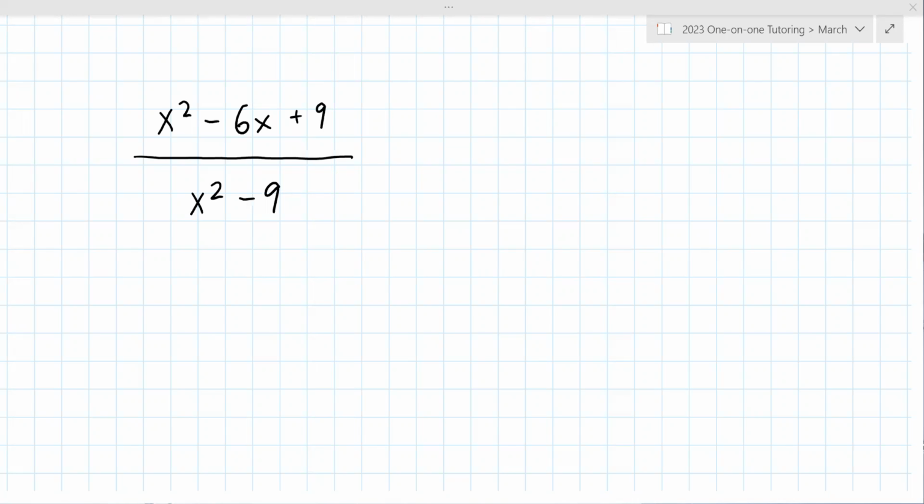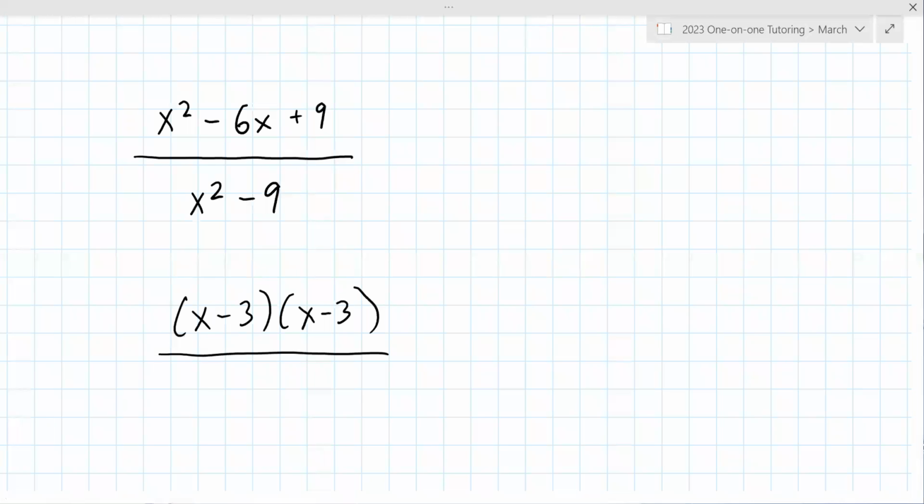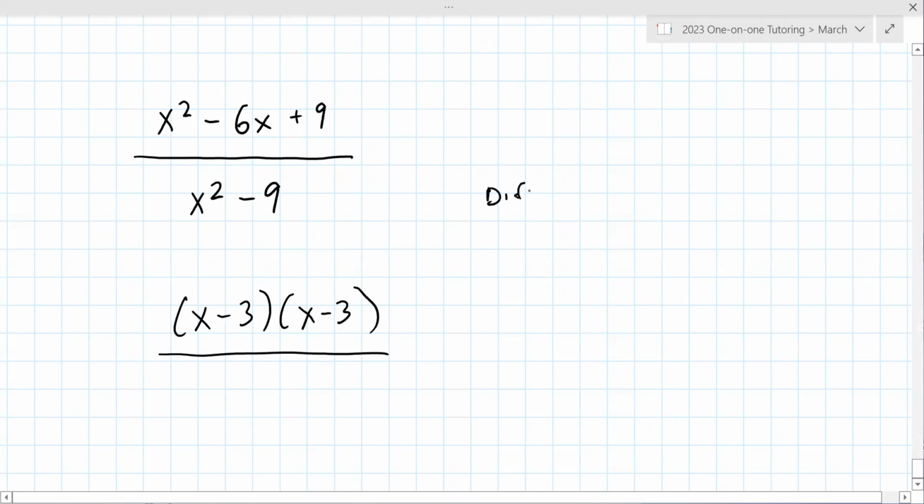Do you need any help, anything here? It's the first one, the -3 and -3. Yes. And then what do you do for the bottom one again? Bottom one is difference of squares. Does that at all help to hear that, or is that still not helpful?